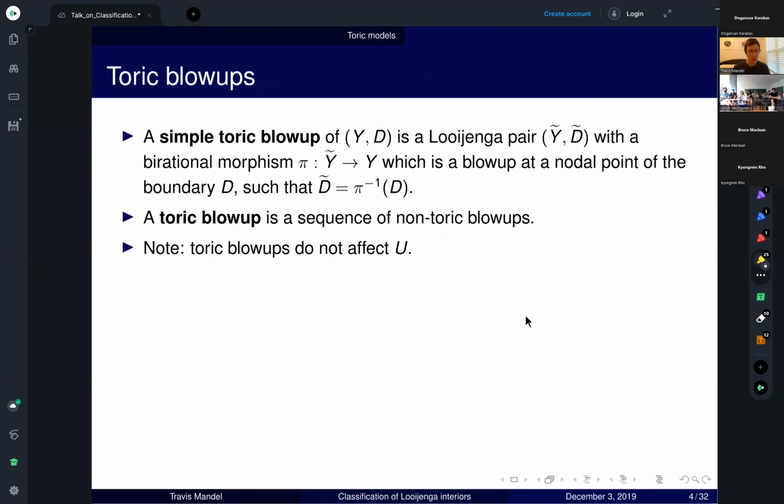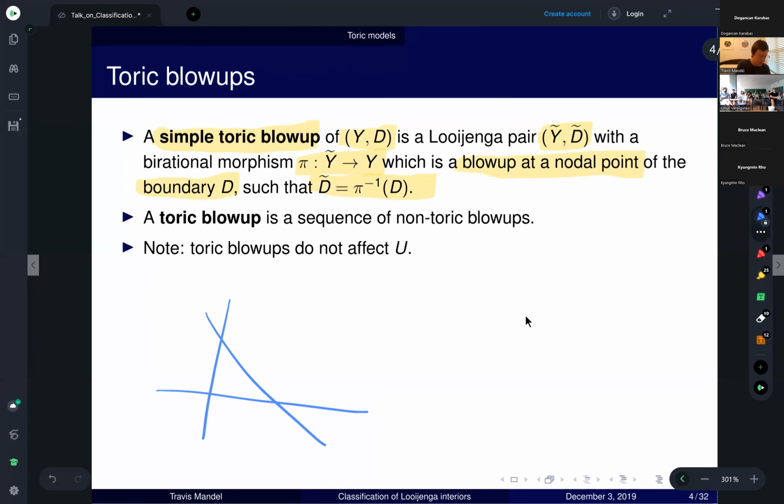More generally, we can look at toric blowups. Toric blowups are basically changing your fan without changing U. We'll say a simple toric blowup of a Looijenga pair (Y, D) is basically a blowup of Y. It'll be another Looijenga pair (Ỹ, D̃), where we have a birational morphism from Ỹ to Y, which is just blowing up one of the nodal points of D, and then D̃ will be the inverse image of D. So here's our D, we choose a nodal point of D, and we blow that up.